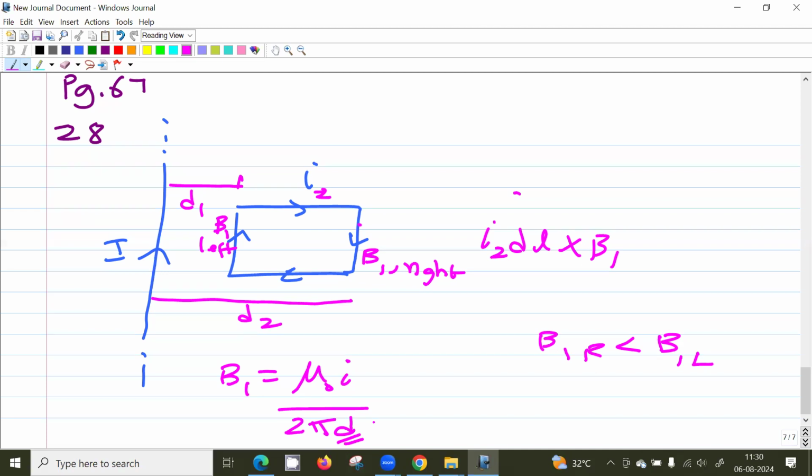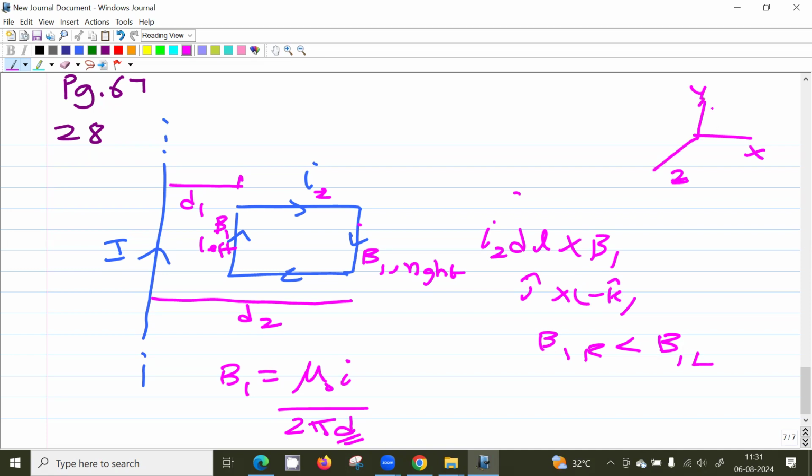And what is the direction of the force? The direction of the force is I L cross B. Here I L is upwards and B is downwards. So what is the direction of B? If I take the direction of I L as j cap, B is minus k cap, because this is x, this is y, and this is z.